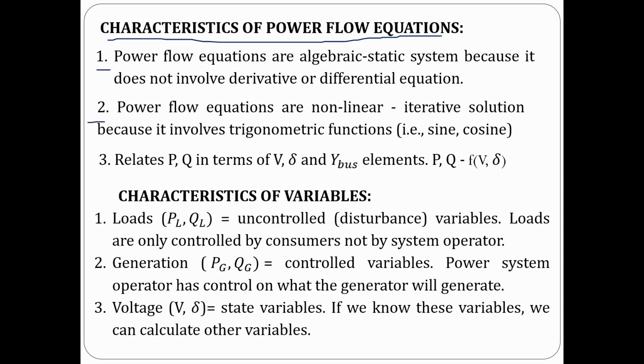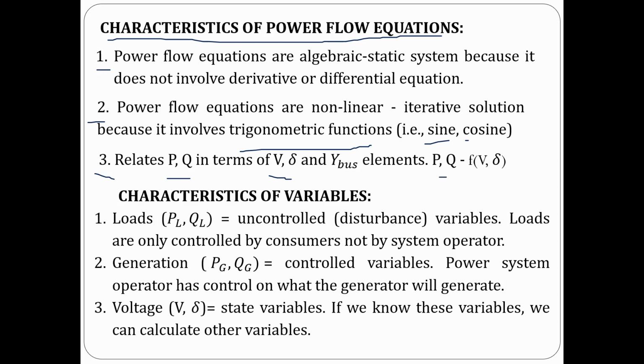So Gauss-Seidel is an iterative solution. And number 3, it relates PQ in terms of voltage and angle delta. It means that P and Q are functions of voltage and angle delta.